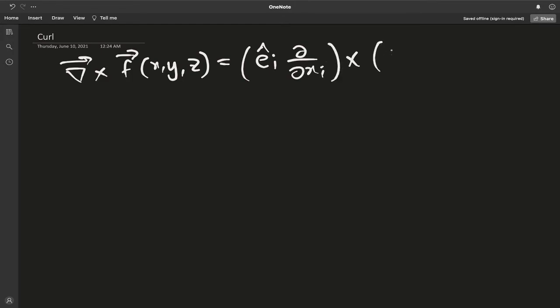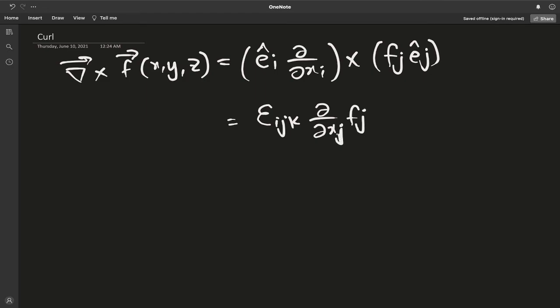You cross this with say fj ej hat. So what you get is the Levi-Civita epsilon ijk, partial xi fj, and ek.